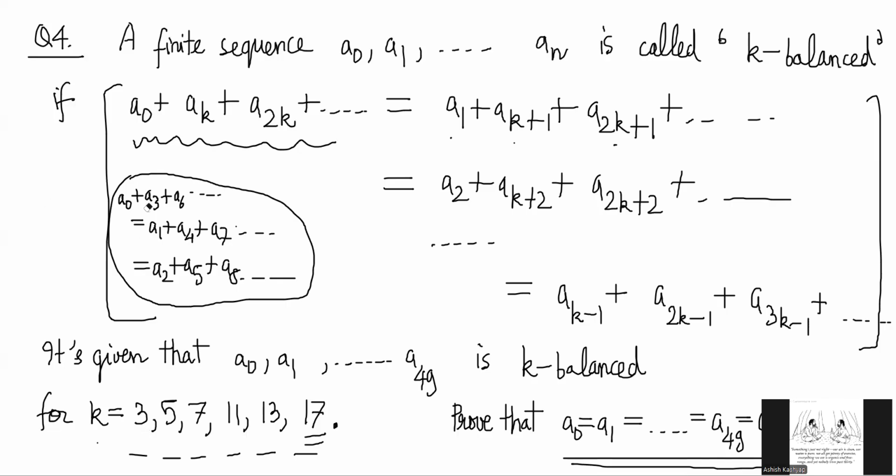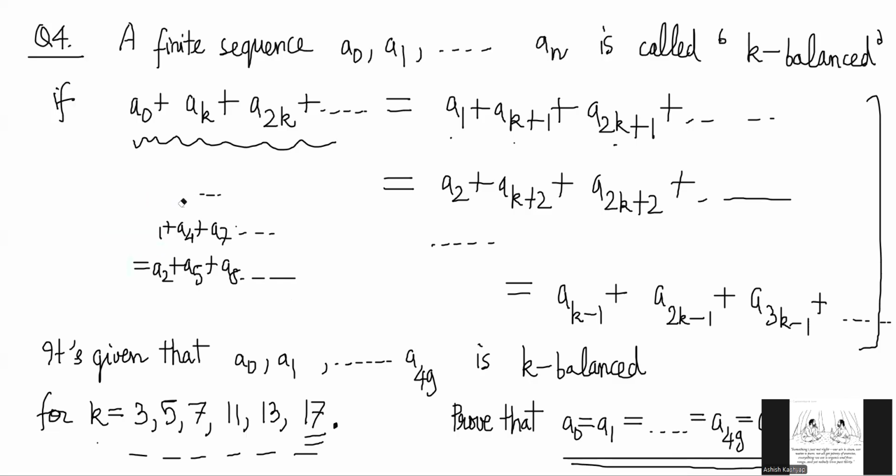So, in order to think about how to do this problem, you should take advantage of the theory of polynomials. You should know that for any sequence A0, A1, A2 till AN, you can make a generating function or a polynomial out of it, right?